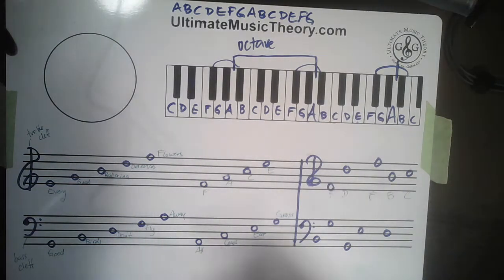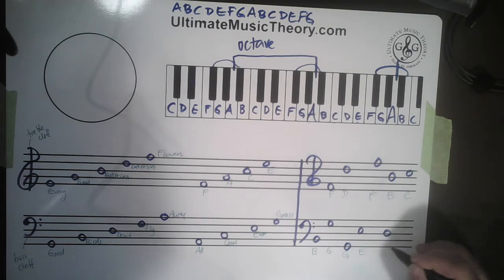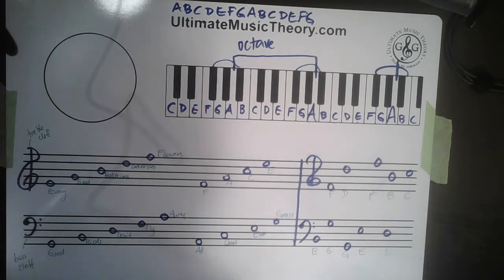Here's the bass clef. So we're going to use either good birds don't fly away if it's on a line, or all cows eat grass if it's on a space. So this is on a line, so we go good birds. It's in a space, so all cows eat grass. Good, as in good birds don't fly away. All cows eat. Good birds don't.